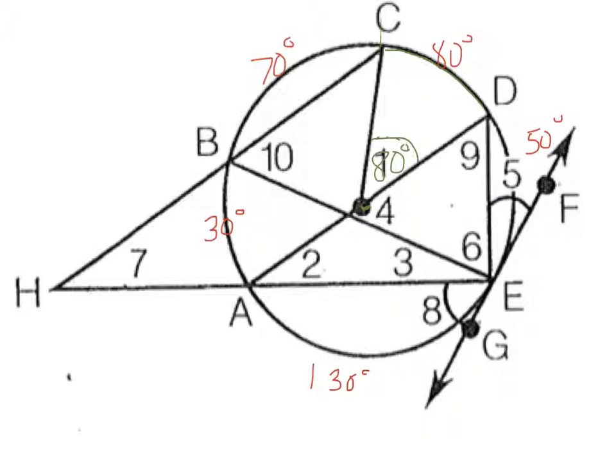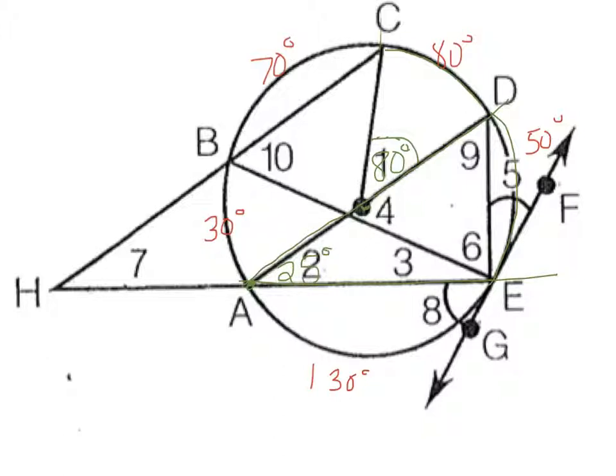All right, next, angle 2. Angle 2's vertex is right here on the circle. So here would be angle 2. Here are the two chords that make up angle 2. And if you notice, they intercept this arc right here. We know that arc is 50 because it was given to us, and we know an inscribed angle is half its intercepted arc.